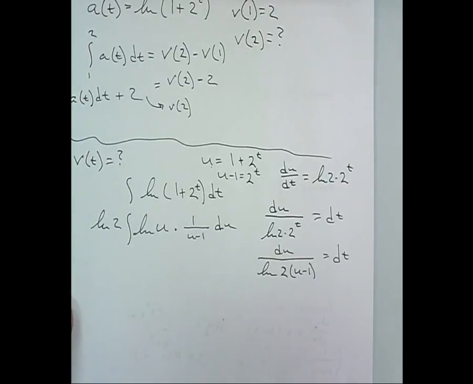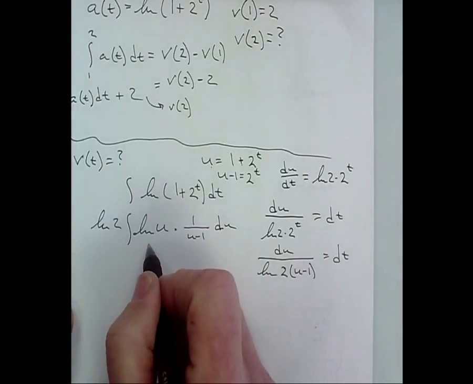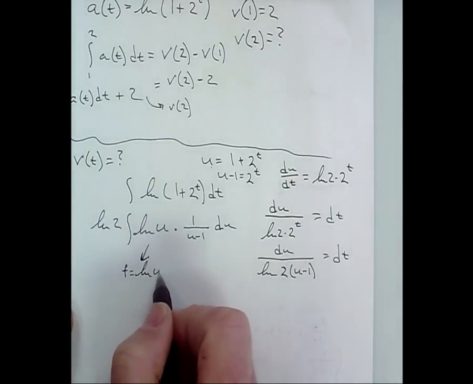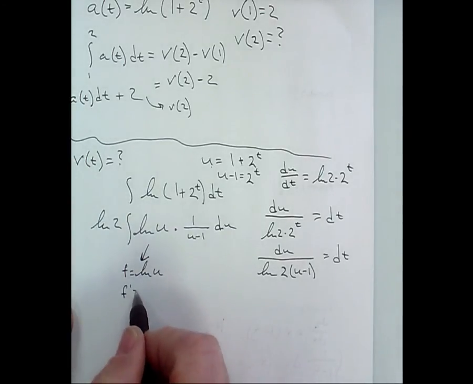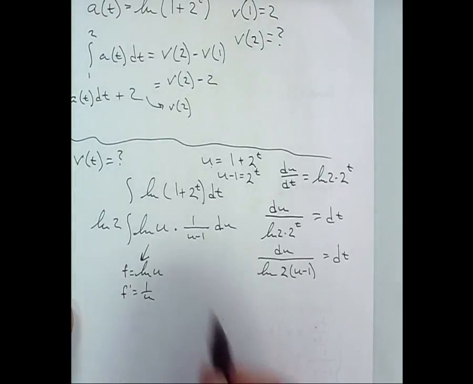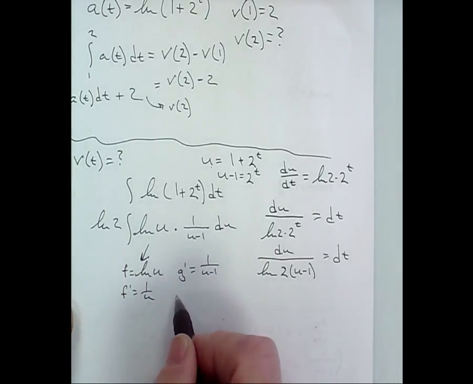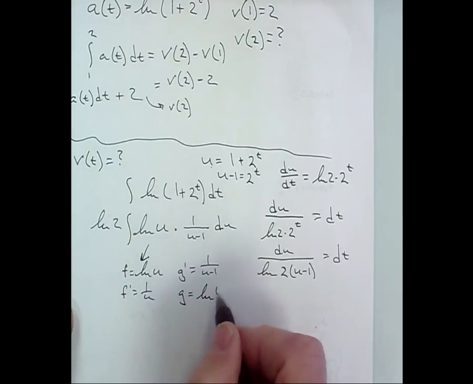Is everybody following this so far? Okay. So then I did integration by parts. I said f is equal to ln of u. F prime would be 1 over u. G prime would be 1 over u minus 1. G would be the ln of u minus 1.